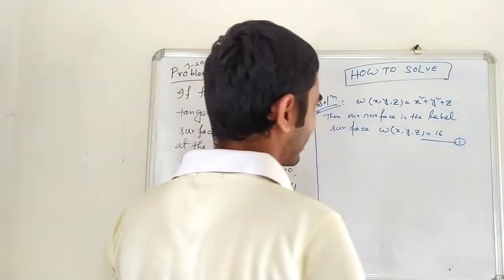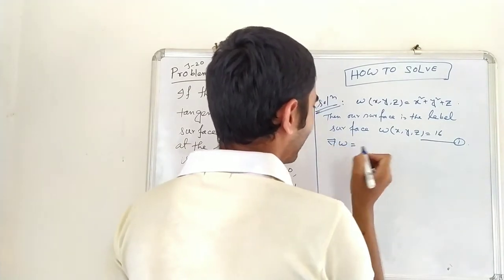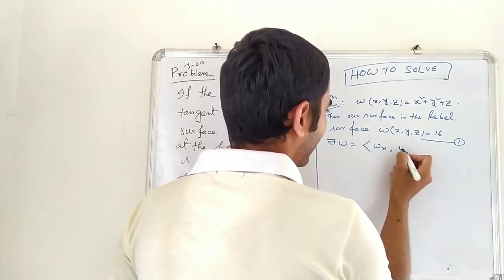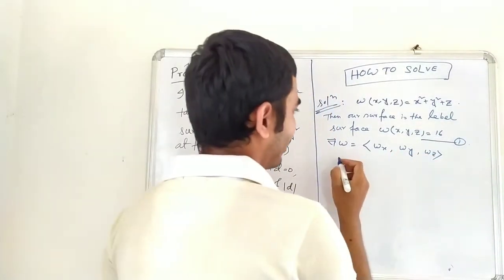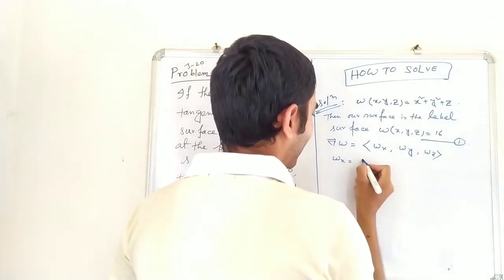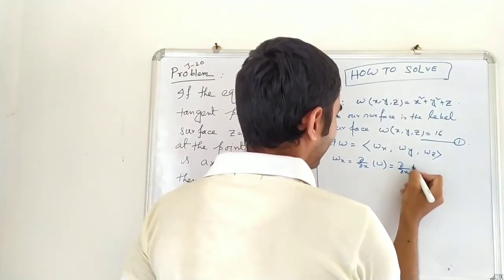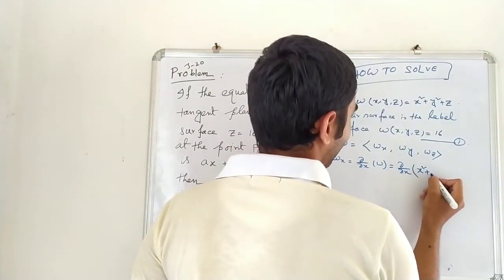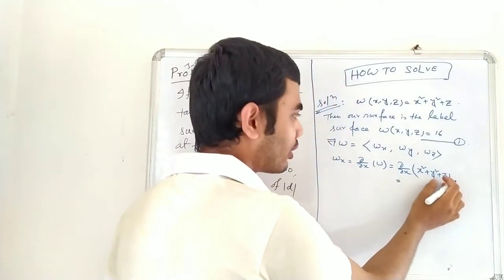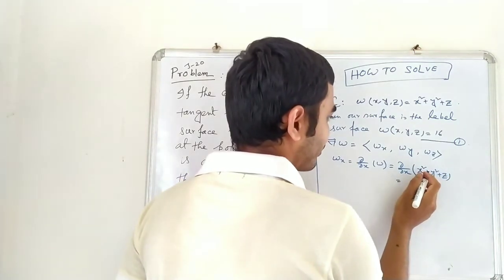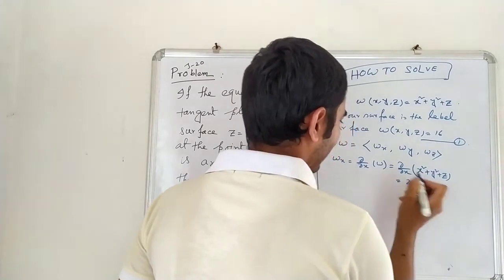Now we find the gradient vector of the function w. This is equal to wx, wy and wz. Now wx is del x of w, that is del x of x square plus y square plus z. Here we treat y and z as constant, so we take the derivative along the x variable. So this is equal to 2x.